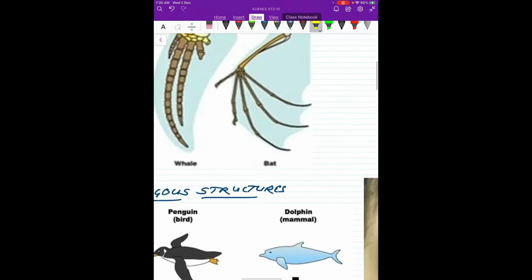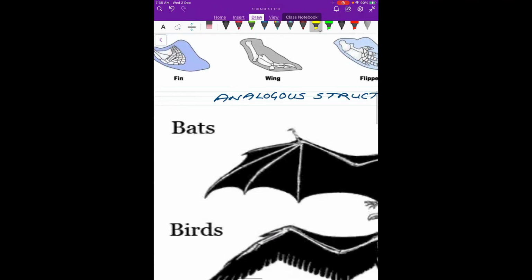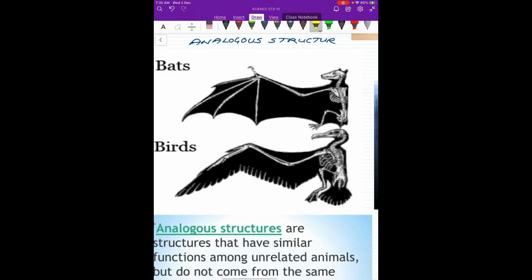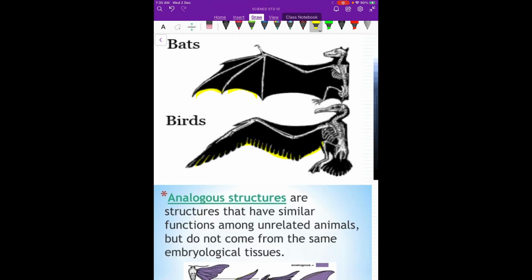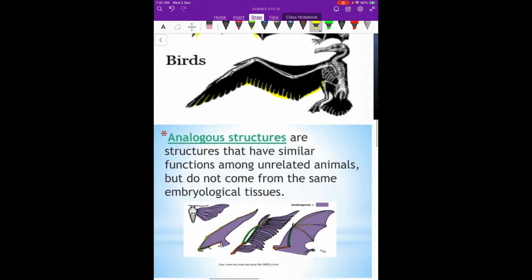If you can see this diagram, it will clearly show bats and birds. In bats, it is the skin folds. These are the folds of the skin. These are not thin, whereas these are feathers. So what are analogous structures?